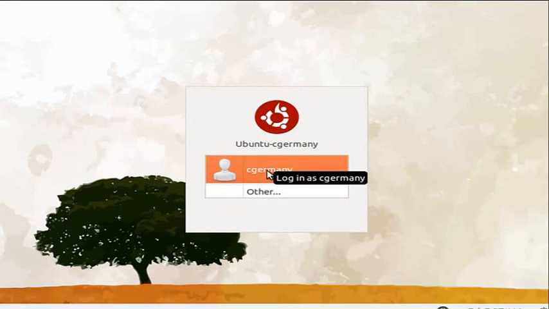I'm going to log in as that user account whose password I reset. The particular user was C Germany. I just click on C Germany, and bada bing bada boom, it logs right in. I don't even have to enter a password at all.